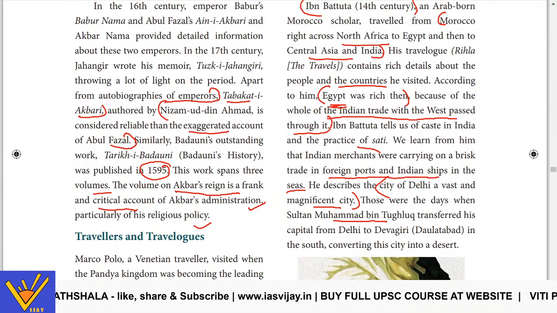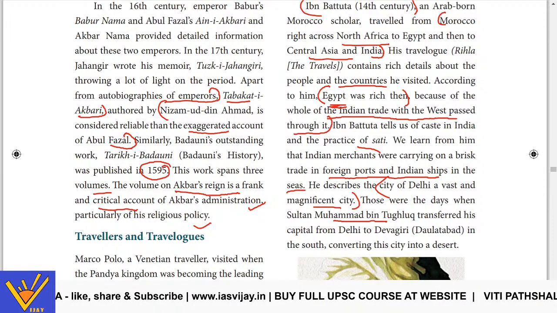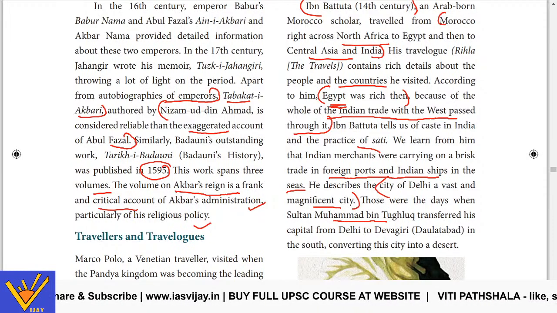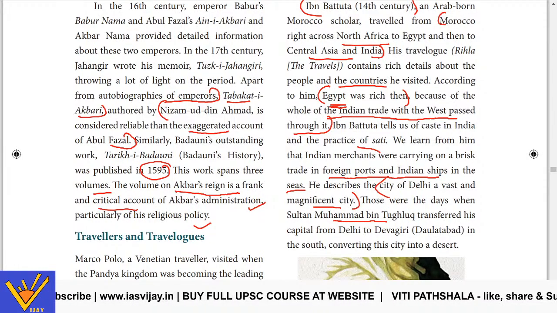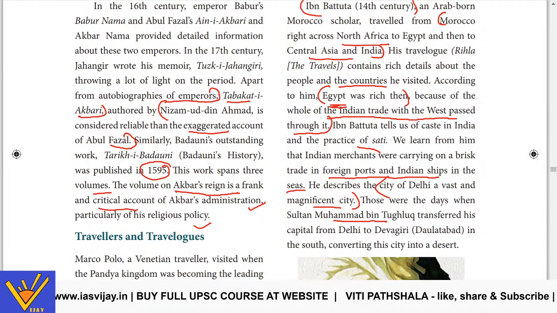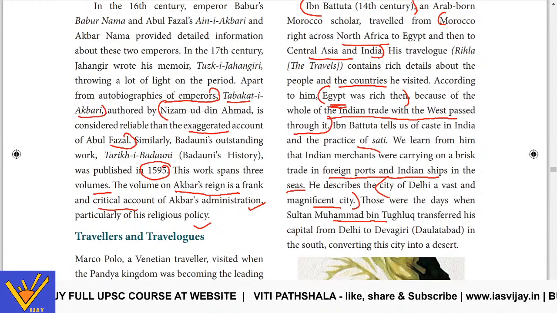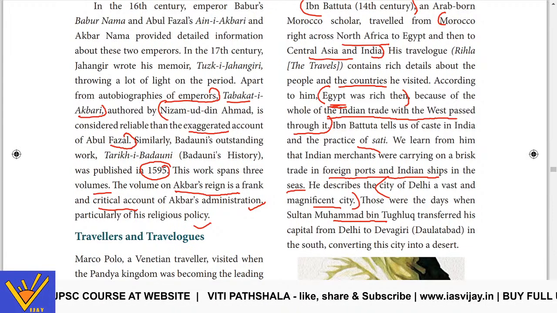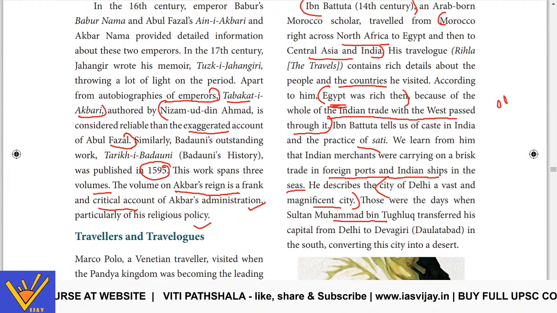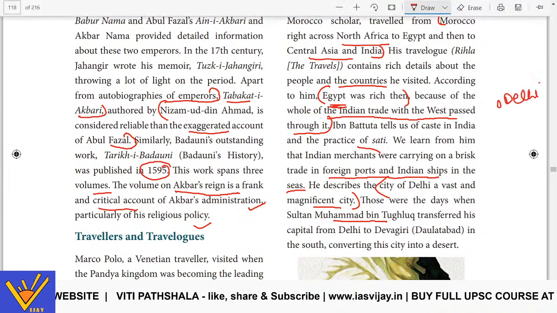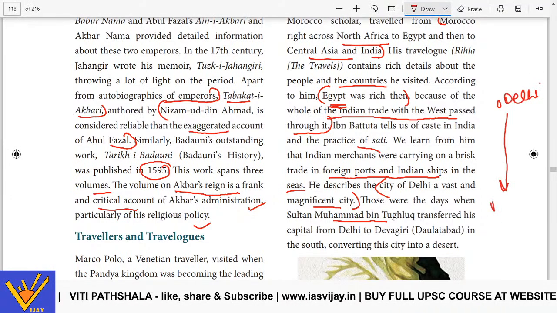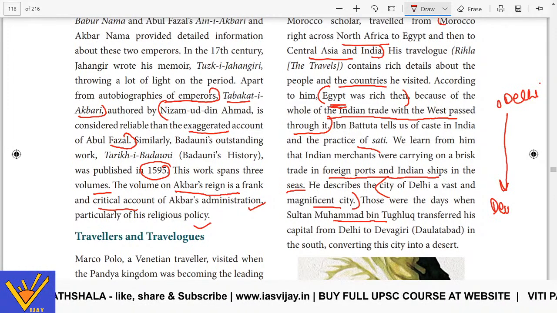Now at that time these people used to travel through carts and animal carriers. Then half of the population died in the journey. So for example, he was going from Delhi to Devagiri.